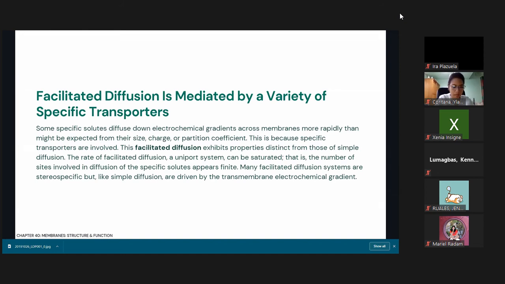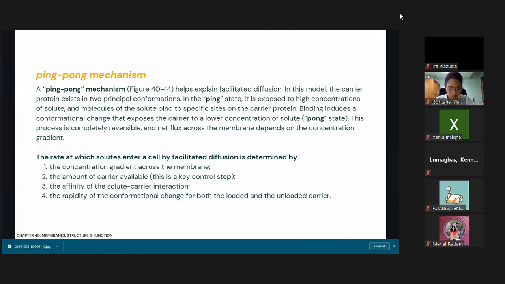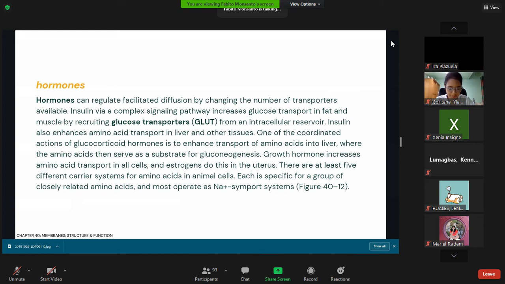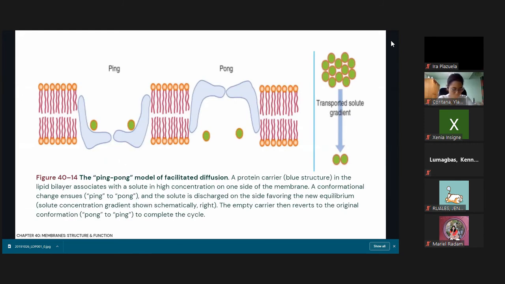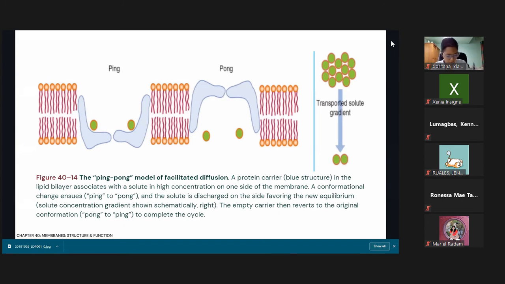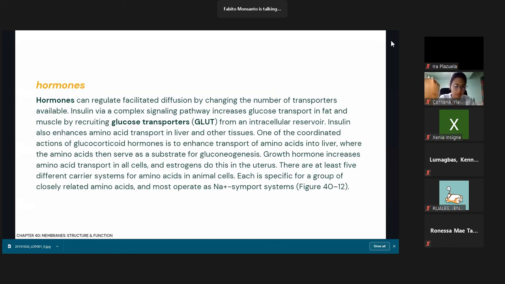So transport certain... Ha? Ano? Ito ba? Tapos na ba itong ping-pong? Done na po, Doc. Ano na yun, Doc? Tapos na? Tapos na nito. Okay. How about this one? Tapos na rin.